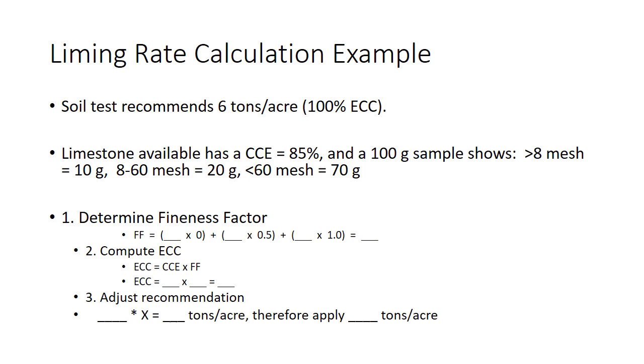So go ahead and calculate your fineness factor, calculate your ECC, and our soil test recommendation was 6 tons per acre. So you plug in 6 tons per acre here, and your ECC here, solve for X, and that'll be your new application rate. So go ahead and pause the video here and calculate that on your own and see if you get what I calculate on the next slide.